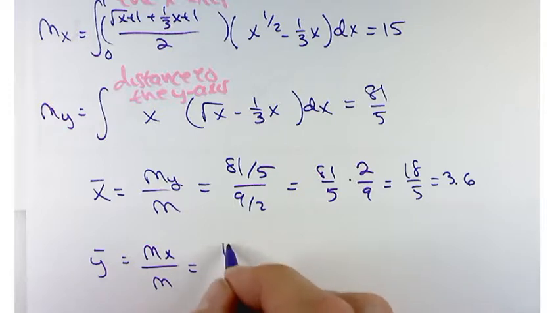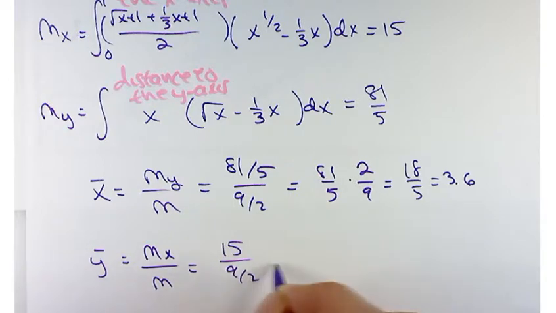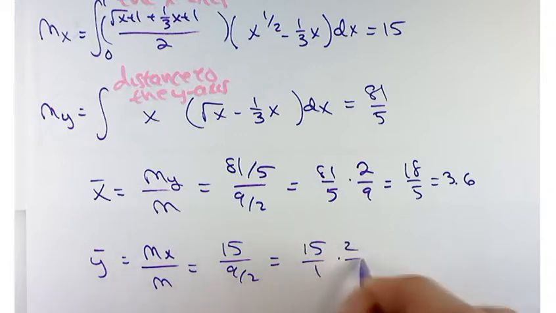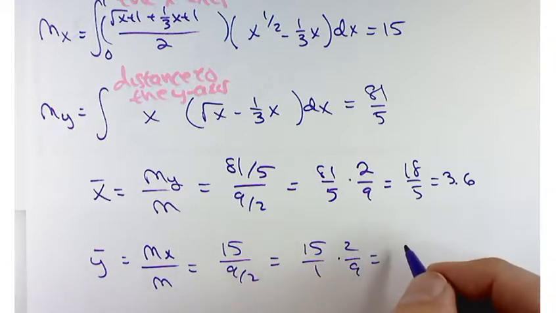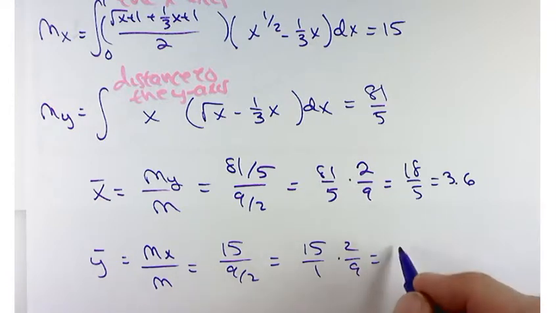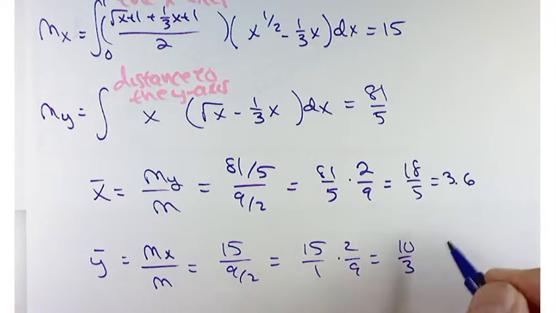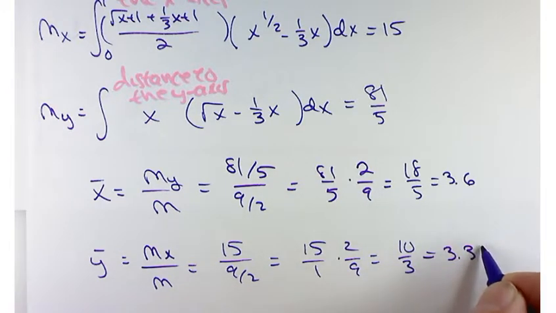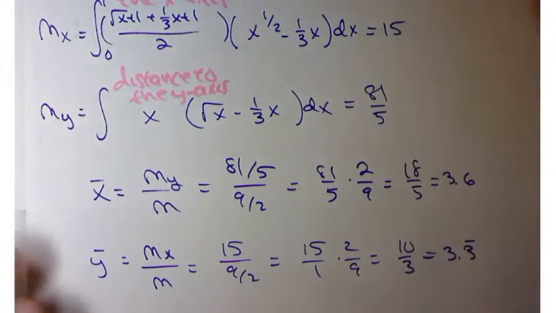So 15 divided by 9 halves, and that's going to simplify: 15 over 1 times 2 over 9, 30 over 9, 10 thirds. Okay, so 3.6, 3.33, 3 bar, call it that.